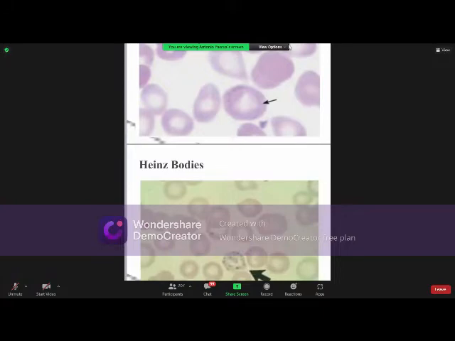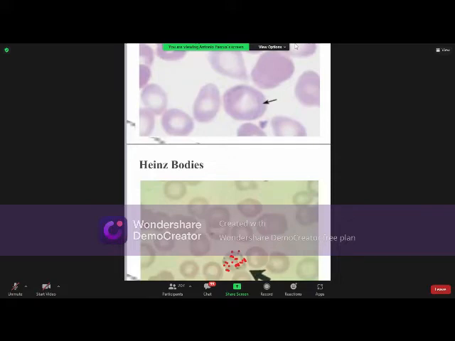Let's go over it again. If you have deficiency in G6PD, your red cells are exposed to oxidative stress. Right? Once exposed to oxidative injury, your hemoglobin is denatured, thus forming these Heinz bodies inside. And because of its appearance, it looks like a pitted golf ball, because it has many holes.